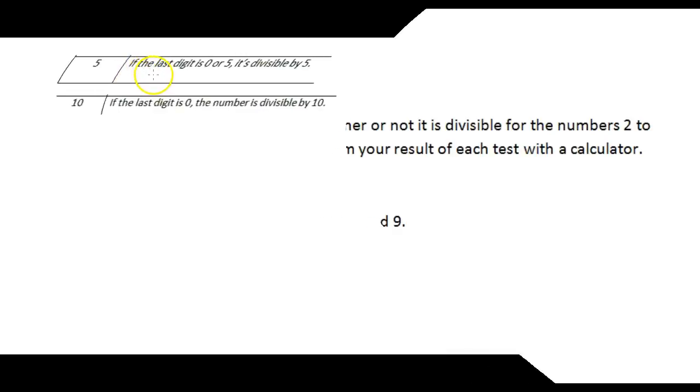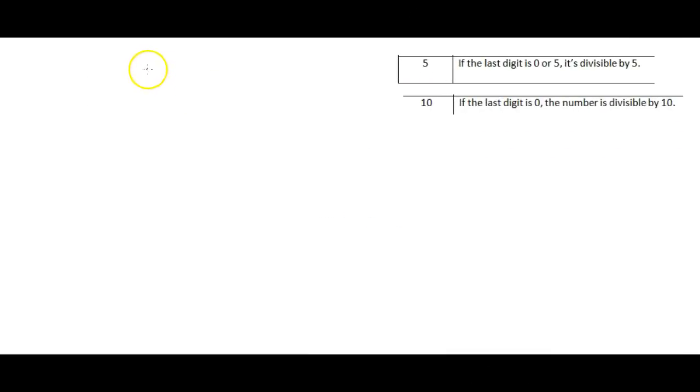The number I chose to do is 523,908. Now I'm going to do the two easy tests first. And the test to be divisible by 5 is that the last digit is 0 or 5.